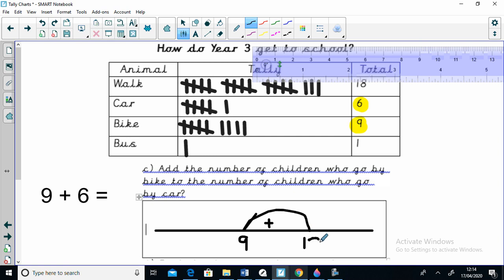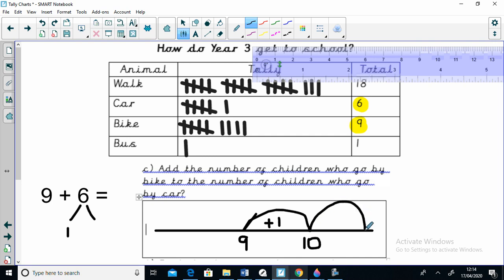If we're using a 10 grid, we'd think, how do I fill the 10 grid? So I'm going to take this 6 and partition it into 2 pieces. The first piece is the part that I need to add on to bridge to 10. Because I've got such good number bond knowledge, I know that 9 and 1 will bridge me up to 10. So the first step is to add on 1.